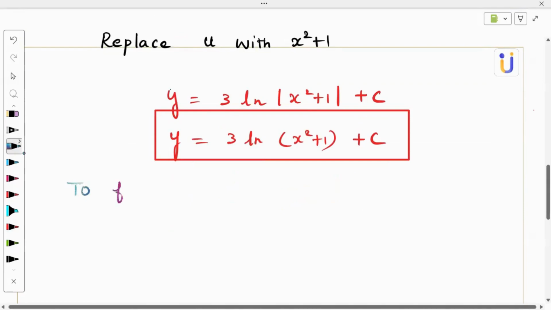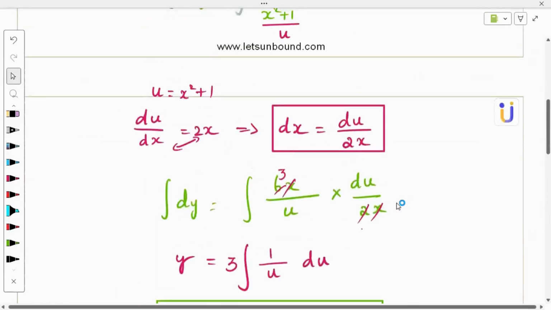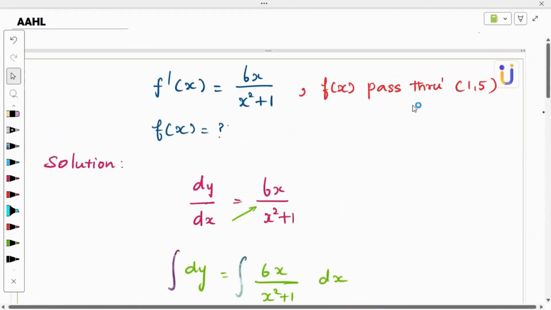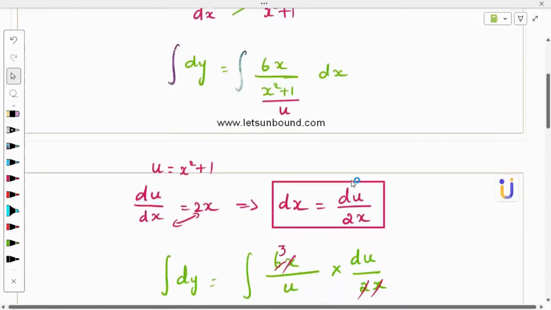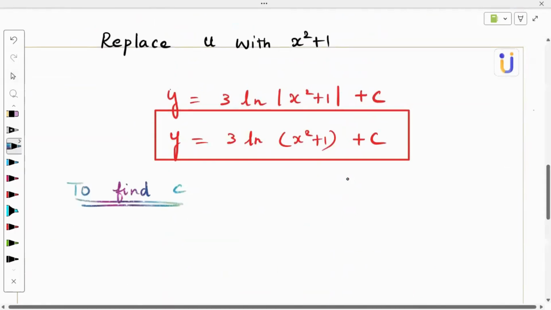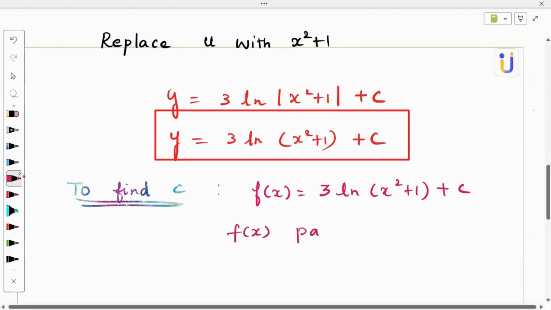To find c, what are we going to do? There is one more clue given, which is y equals f of x passes through the point (1, 5). So y means f of x, right? I can write f of x is equal to 3 ln x square plus 1 plus c, and it passes through (1, 5).